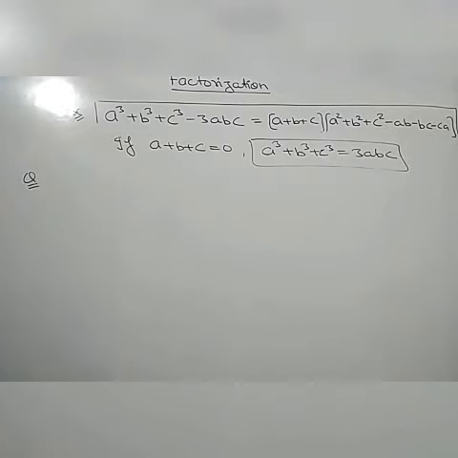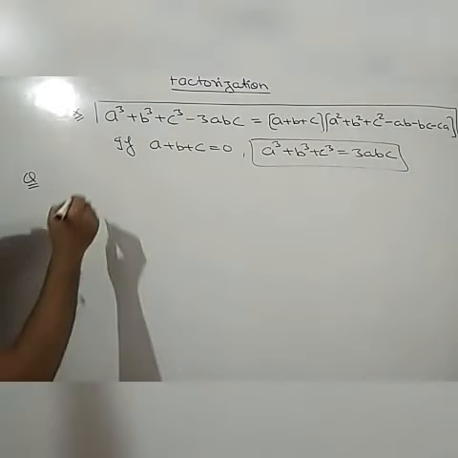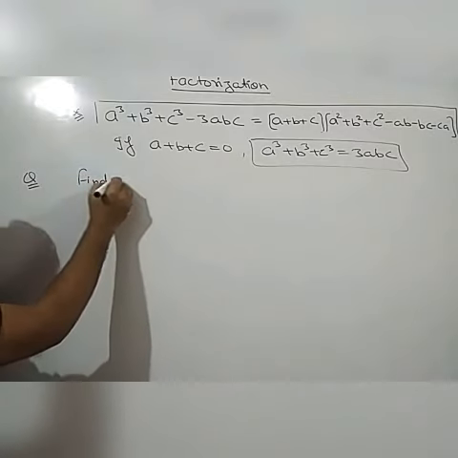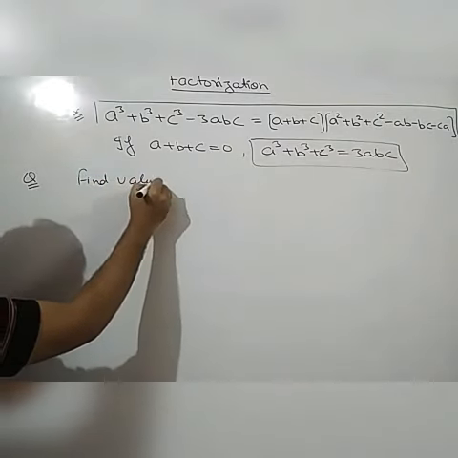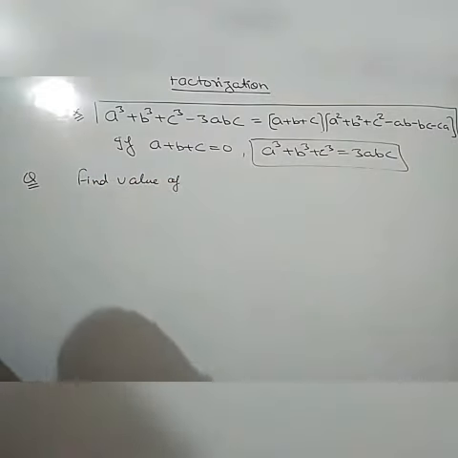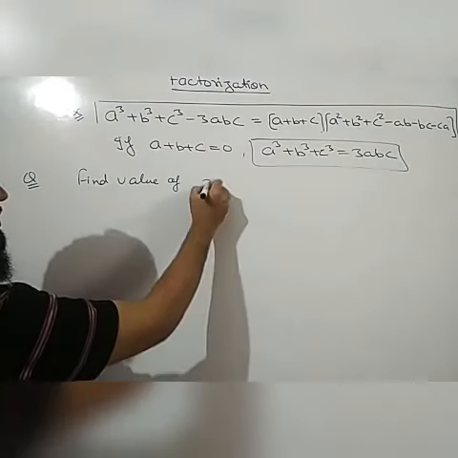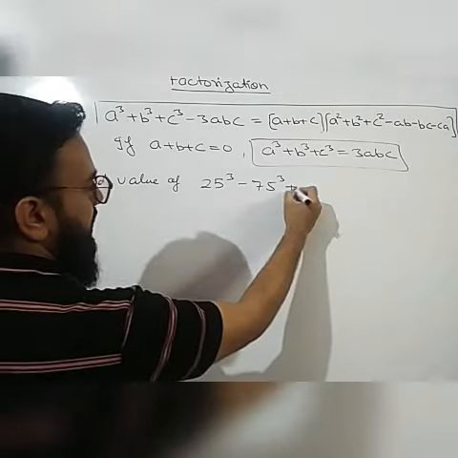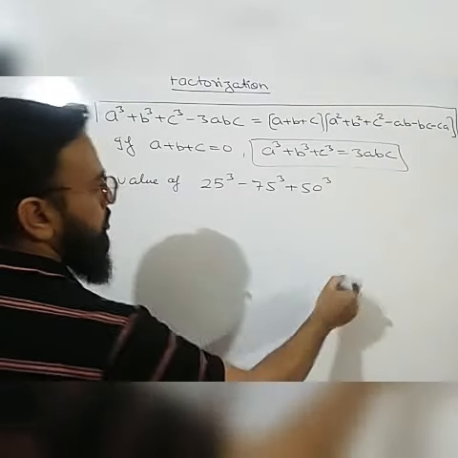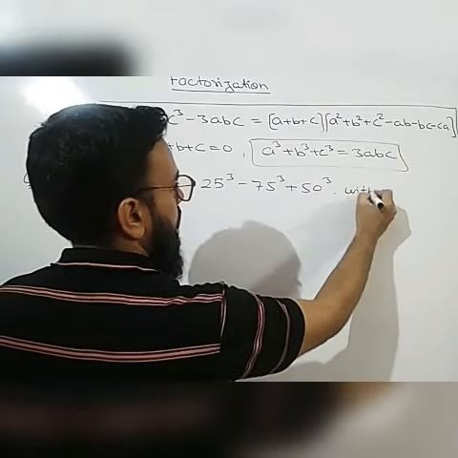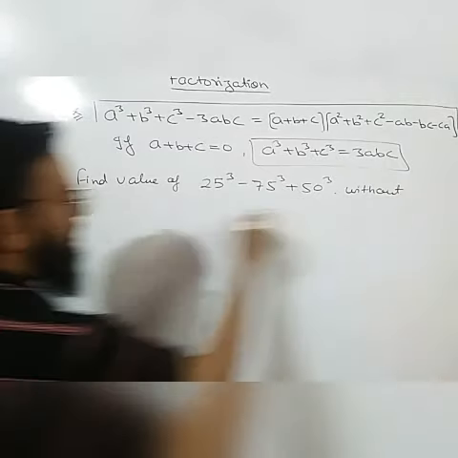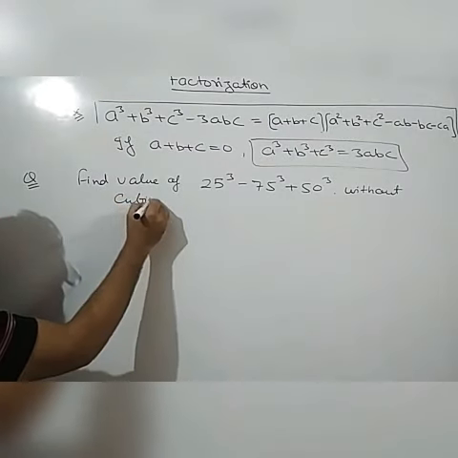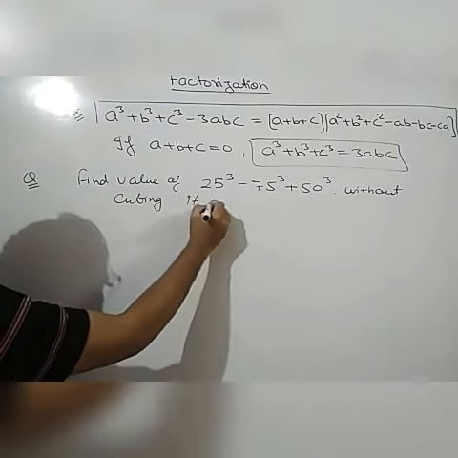We have given, find value of 25 cube minus 75 cube plus 50 cube without cubing it directly.